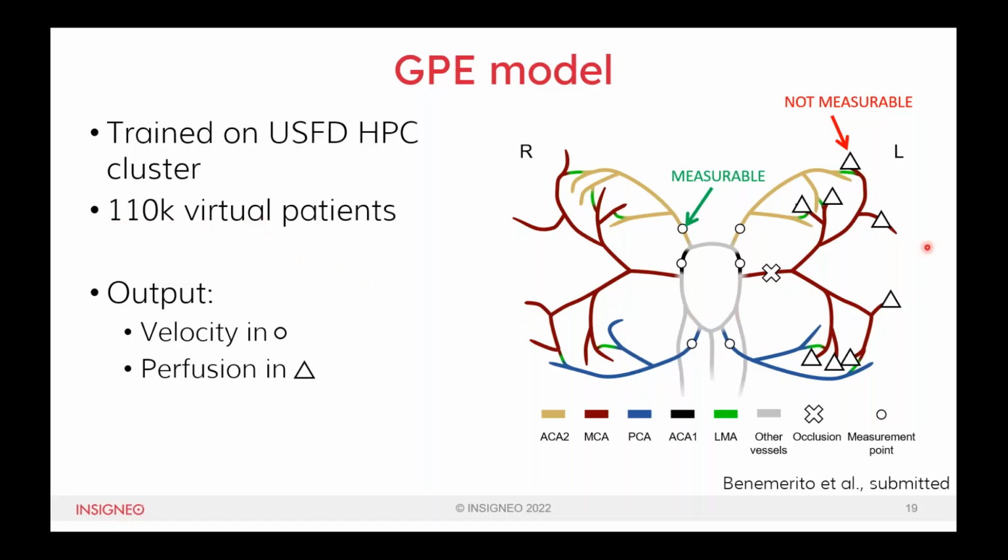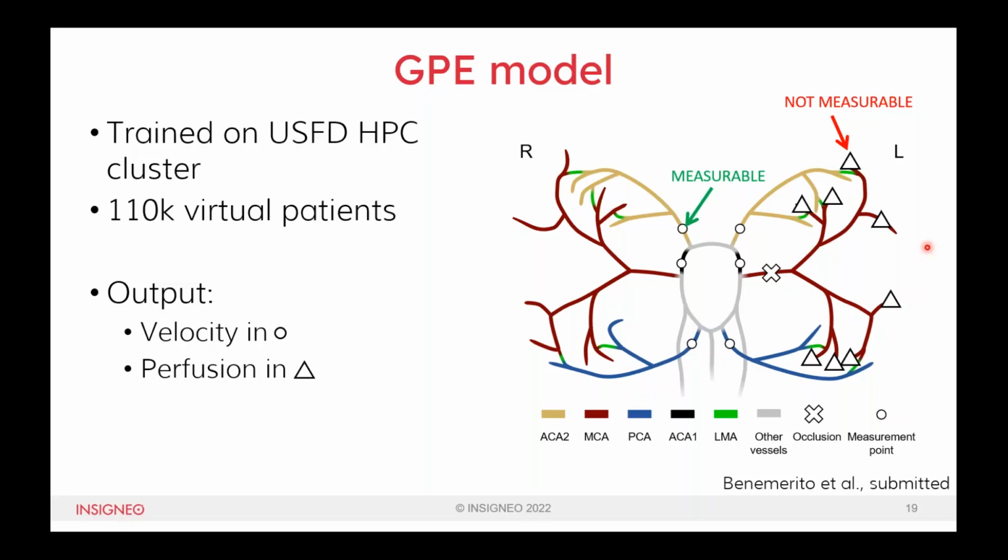And in this case, the input of the emulator were the radii of the network, so essentially its geometry. And we also included a representation of the uncertainty that we have on those radii, because as you can imagine, they are not known exactly.